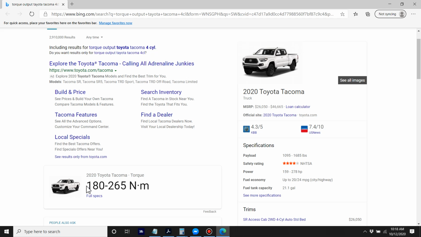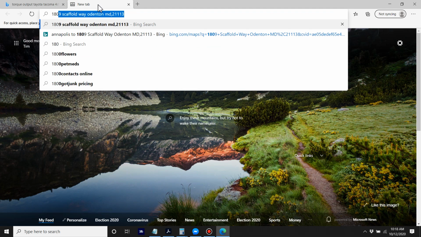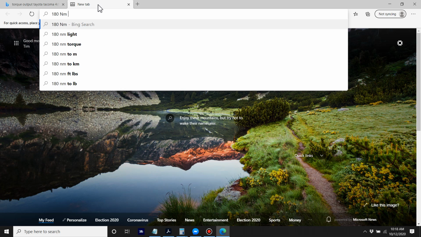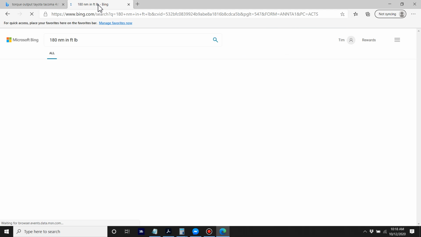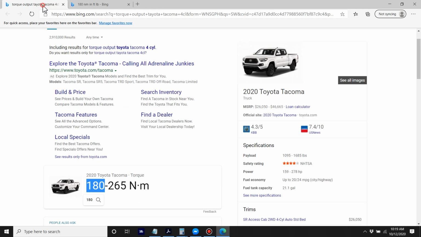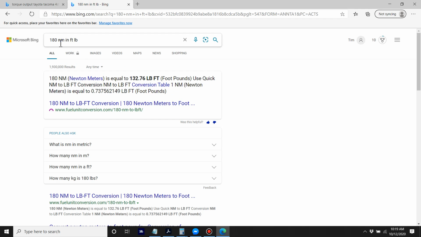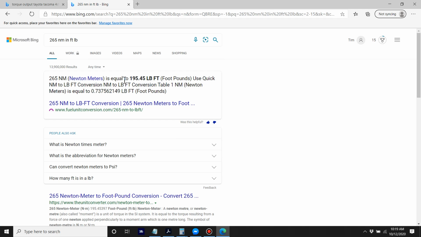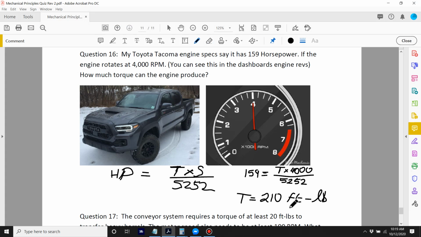So if I go 180 newton meters in foot-pounds, what do I get? I get 132, but let's put in the 265. 265 newton meters is equal to 195.45 foot-pounds. And what did I get? Roughly 200 foot-pounds. There you go. I wasn't lying.